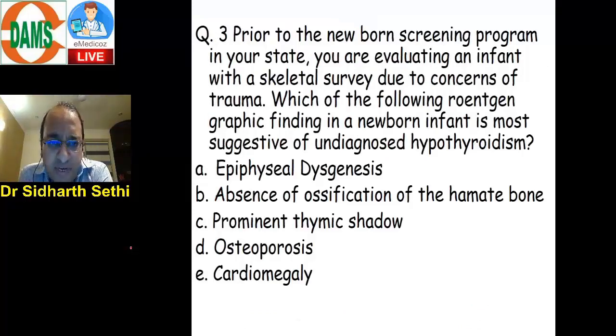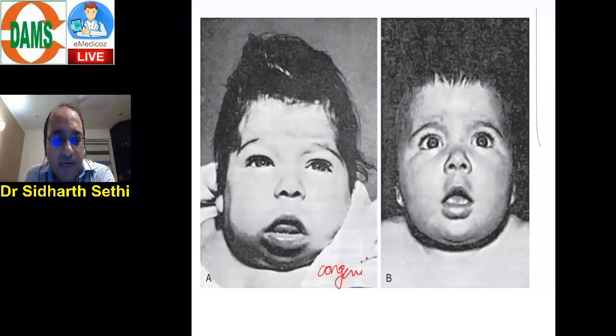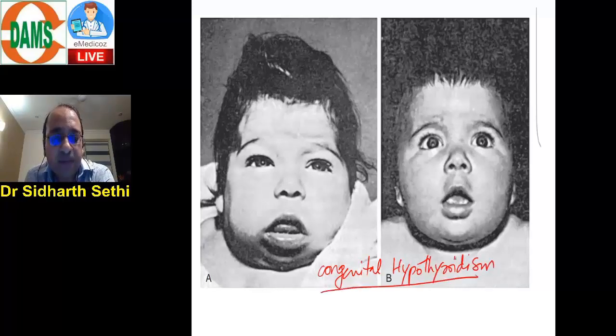In the newborn screening, you have a baby who has some abnormality. Now, how do you diagnose hypothyroidism in a newborn? Remember, congenital hypothyroidism is the most common cause of preventable mental retardation.